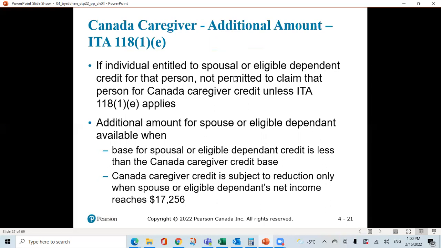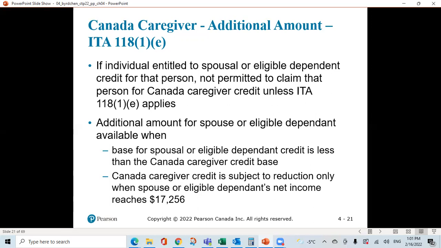There's another additional amount. If an individual is entitled to the spouse or eligible dependent credit for that person, they are not permitted to claim that person for the Canada Caregiver credit unless 118(1)(e) applies. So 118(1)(e) provides an additional amount of credit in those situations where the claim for the spouse or eligible dependent amount is less than the Canada Caregiver amount.